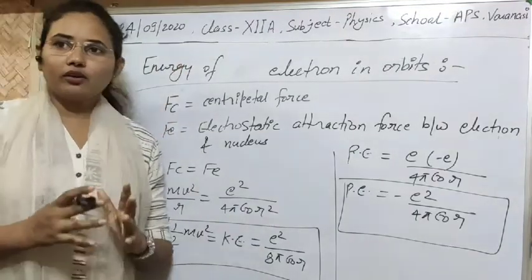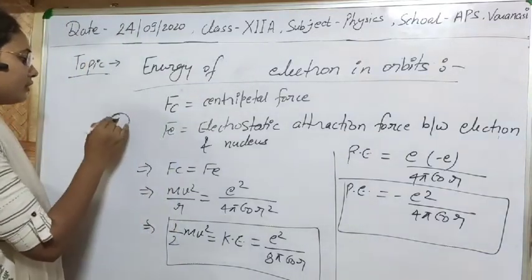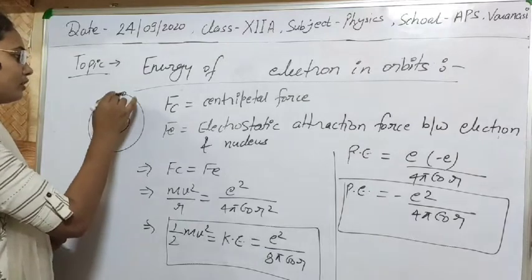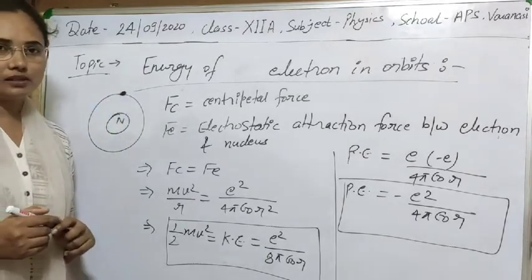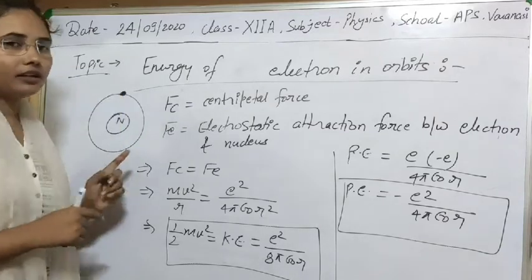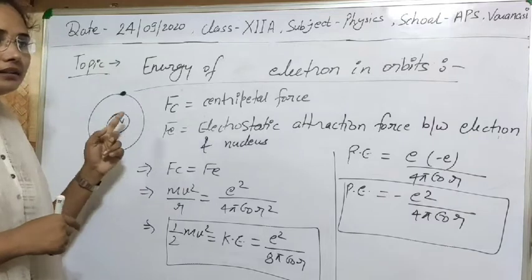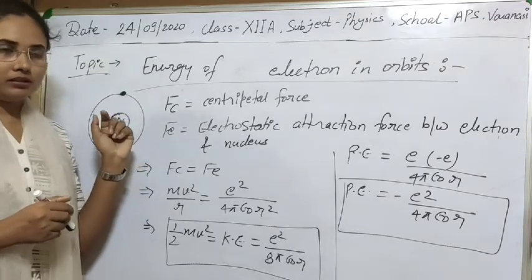As you know, according to Rutherford's postulate, if this is the nucleus, electrons are revolving around the nucleus in circular orbits. If they are revolving in circular orbits, then to maintain their circular path they definitely need a centripetal force.